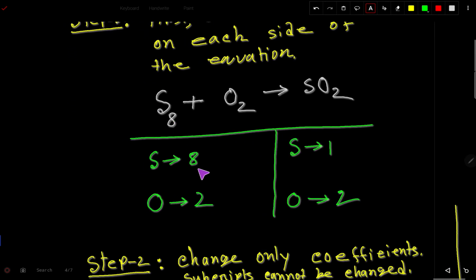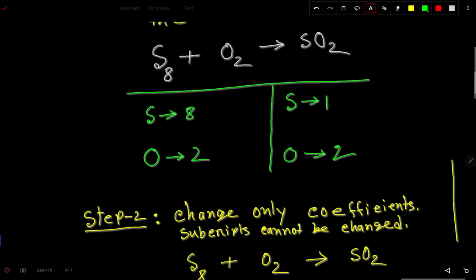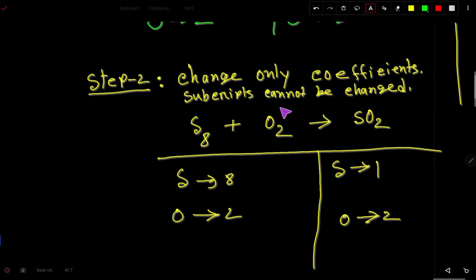Here the number of sulfur is 8, oxygen is 2; on the other side, the number of sulfur is 1, and the number of oxygen is 2. Here you have to remember that you are only allowed to change the coefficient. You can't change the subscript.